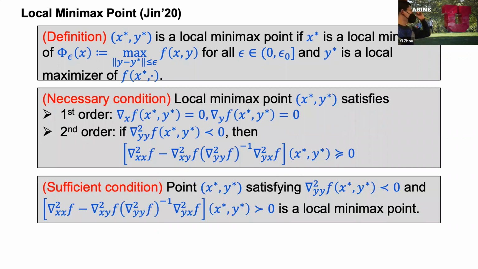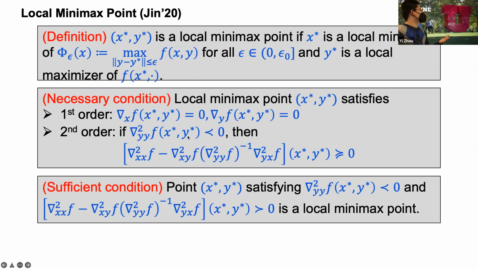And it turns out that for this local minimax point, we have sufficient and necessary conditions characterizing it. By comparing these two conditions, what is important is that, first of all, it must satisfy the first order stationary condition. The gradient at this point must be 0. This is very intuitive. And what is important here is the second order conditions. In both the necessary and the sufficient conditions, we require that at the local minimax point, the Hessian matrix at y must be negative definite.